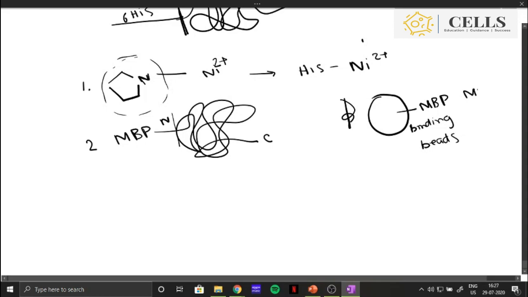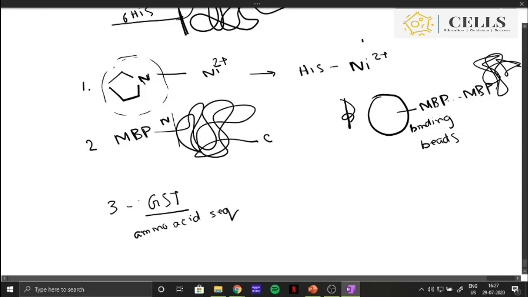So you have MBP and then the protein, it binds to the MBP binding beads, and then you can isolate it. So one is MBP, one is the histidine tag, and the other is GST, glutathione S-transferase. This is a short amino acid sequence, or you can also say it's a polypeptide.